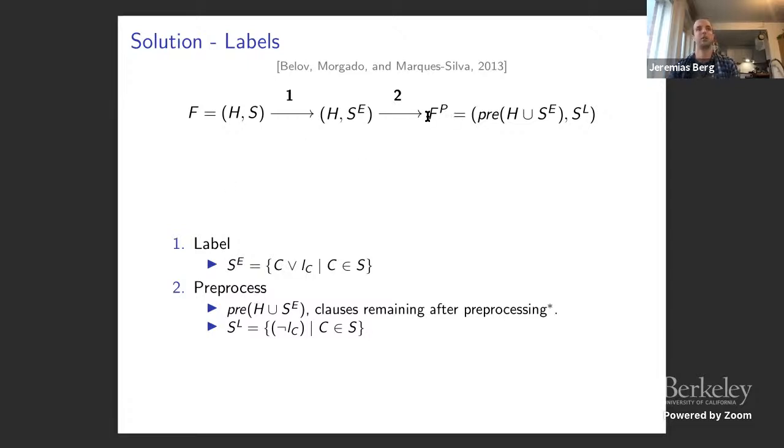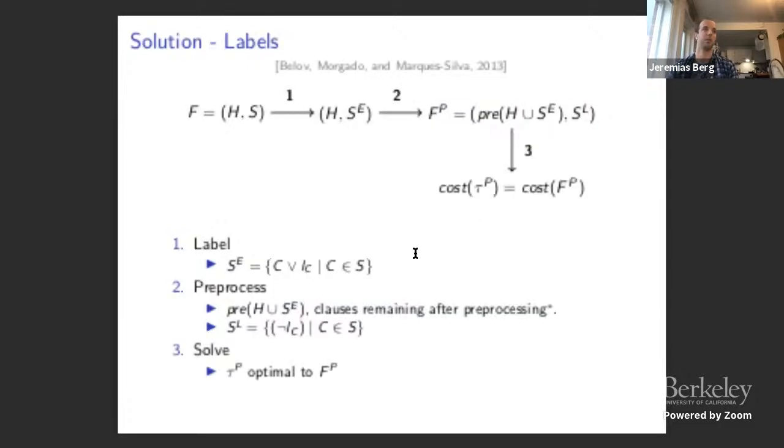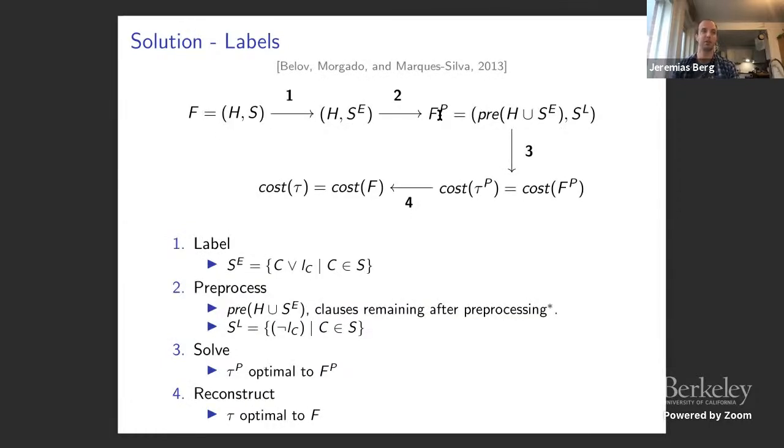And now you call your MaxSAT solver on this instance, and you obtain an optimal solution to this preprocessed instance. And now you can run the same standard SAT reconstruction algorithms to obtain an optimal solution to the original instance that you started with.